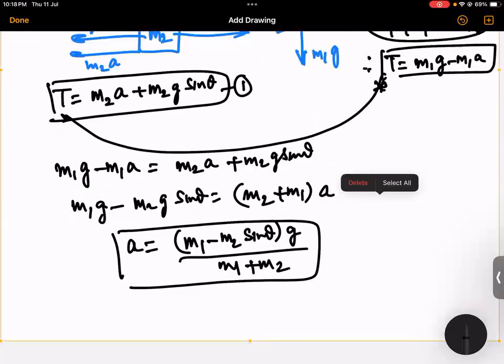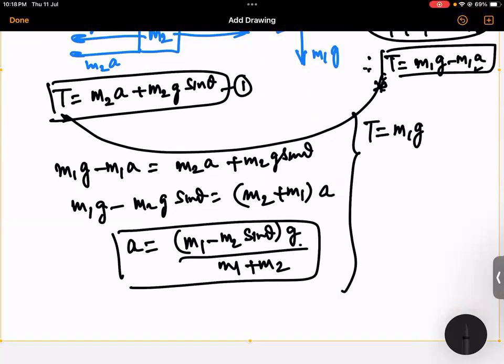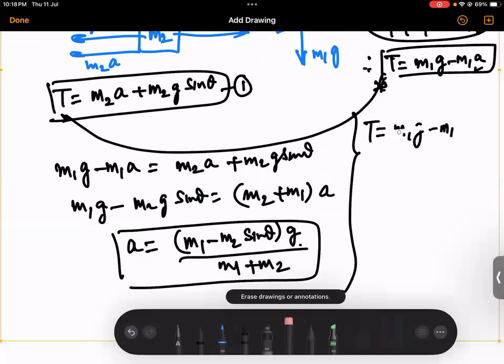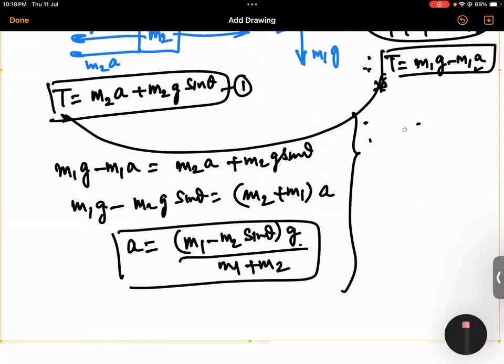Now how to find T? You can replace this a in any of the equations. So T will be equal to M1g minus M1, and you put the value of the entire a that you have got from here, children. So what will you get? I think you can solve this easily on your own.